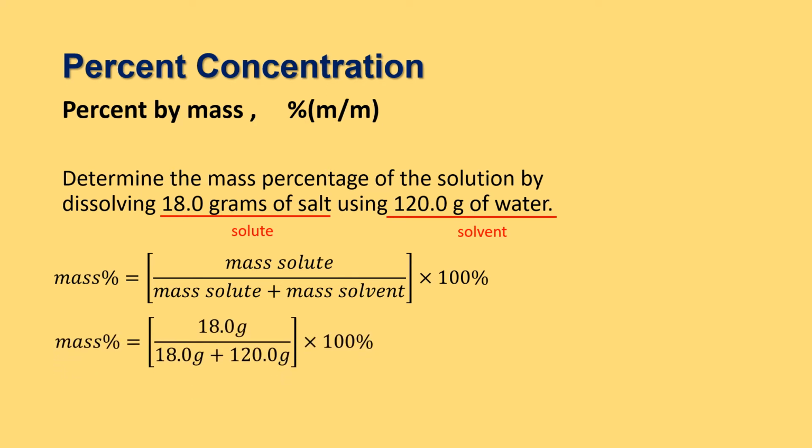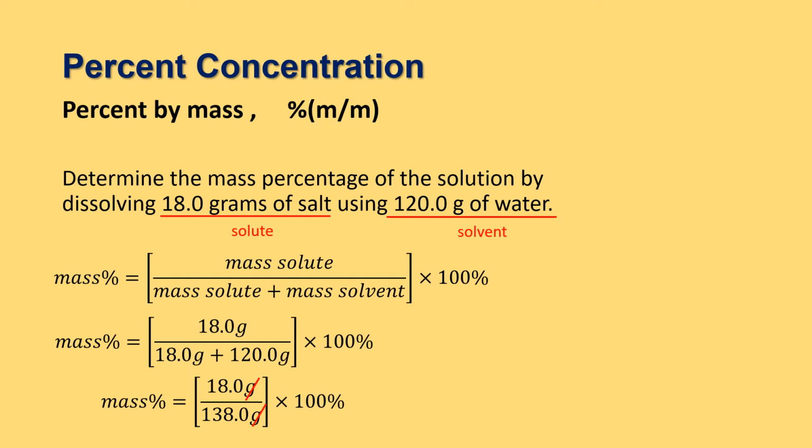And so we have 18 grams divided by 18 grams plus 120 grams times 100%. Simplifying this first, we will have 18 grams all over 138 grams times 100%. As you can see here, the unit of gram will be cancelled, and we will be left with the unit of percent.